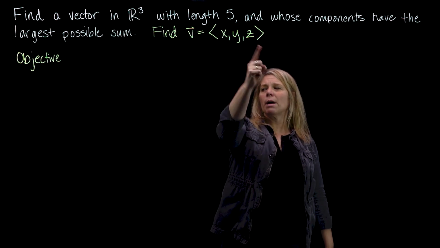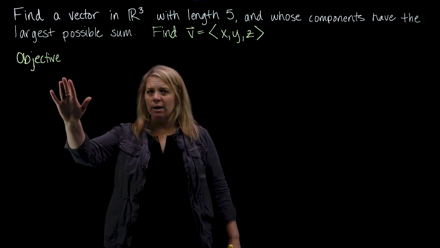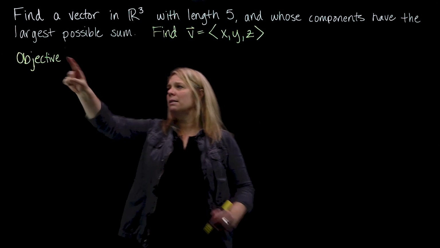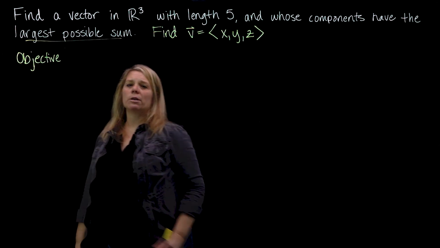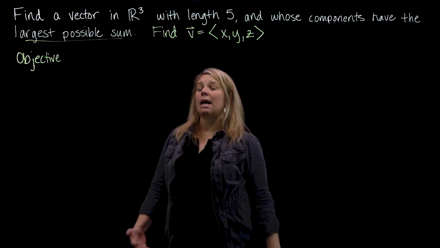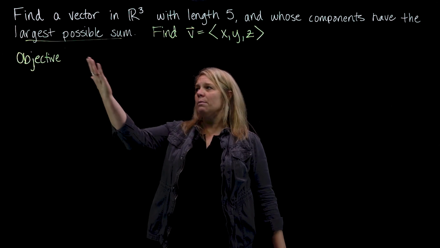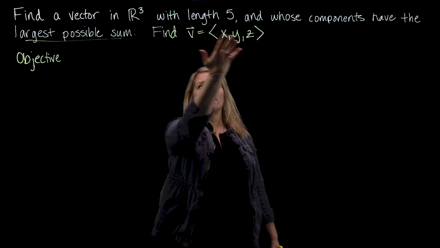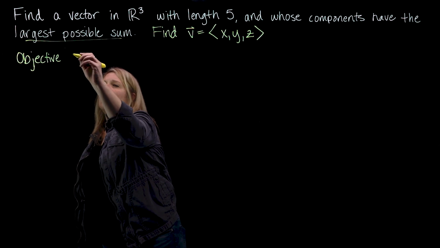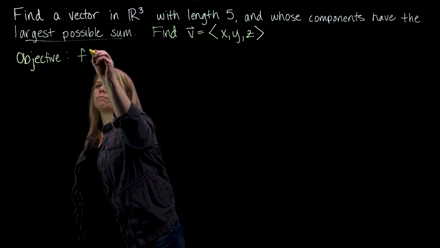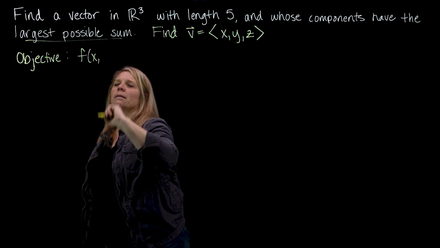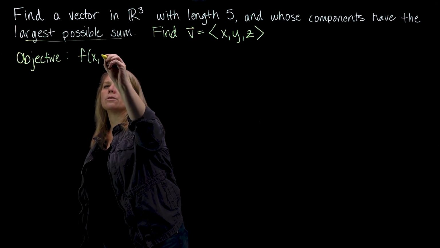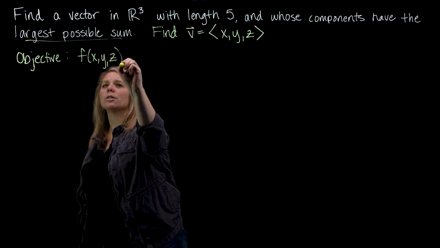All right, so here are my components. My objective function is what I want to maximize or minimize, and so that's what we're describing right here. So I need to write down a function that describes the largest possible sum of components of these vectors. All right, so my function, I could name it S for sum, but I'm just going to use the letters that are in the Lagrange theorem here.